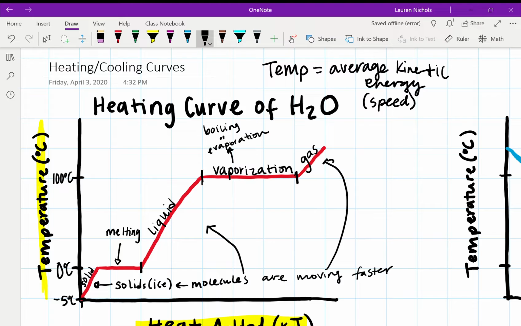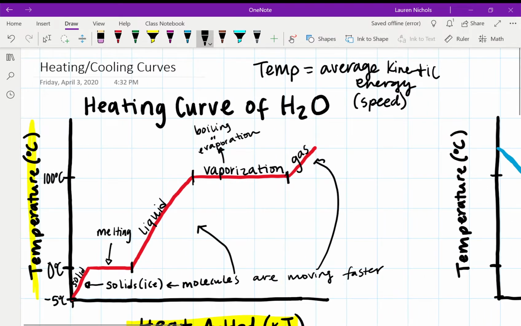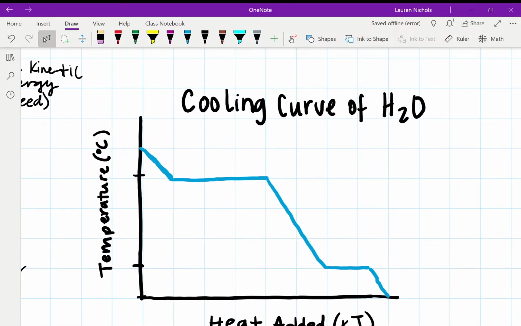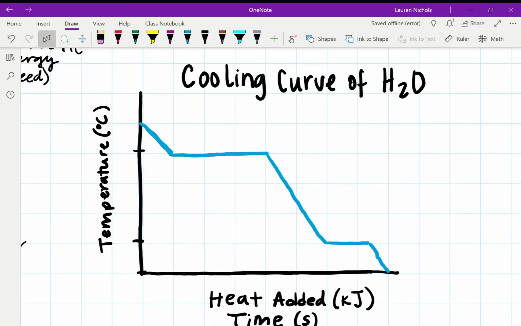With a cooling curve, you're going to see something very similar, but instead of heating up, it is cooling down. A cooling curve of water has those same important temperatures of 100 degrees Celsius and 0 degrees Celsius.